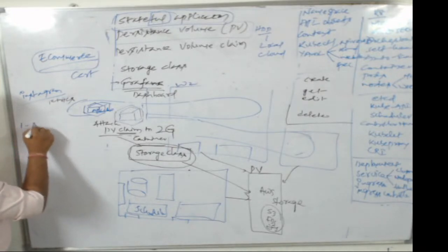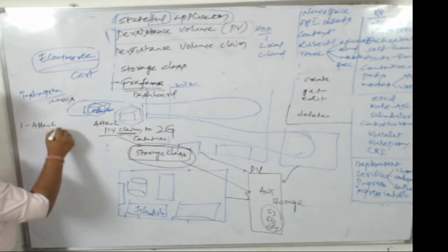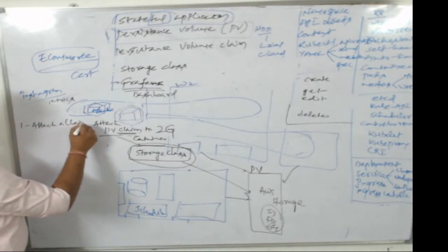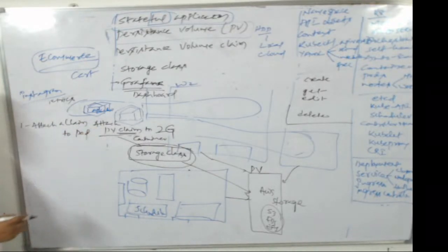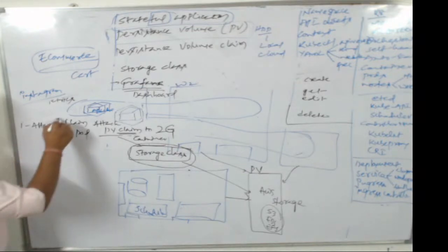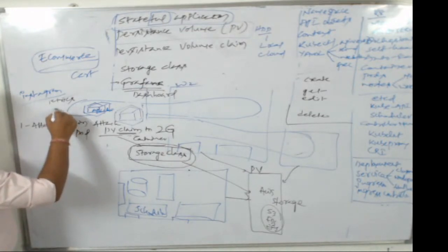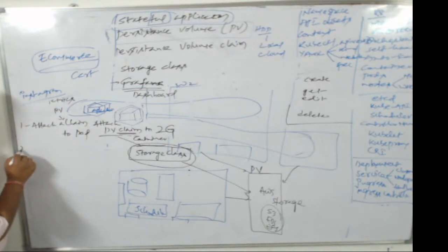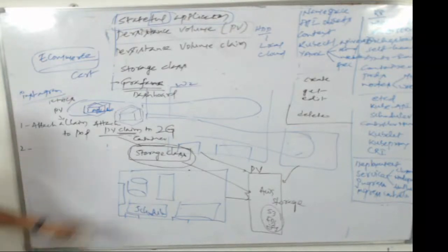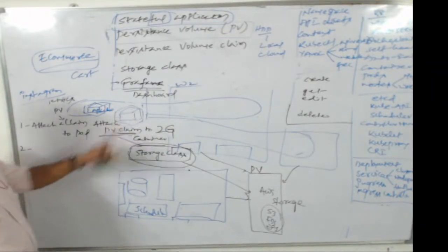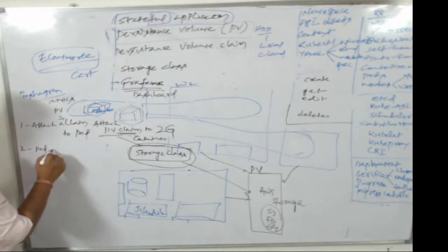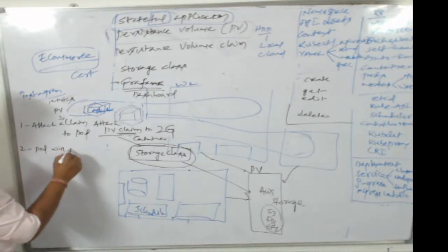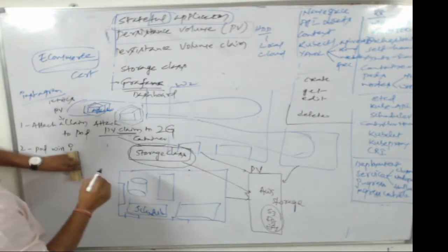So one, you attach a claim to a pod during deployment. This is the PV claim, persistence volume claim. Two, after you attach it, a pod will invoke the storage class. Invoke is the next keyword.